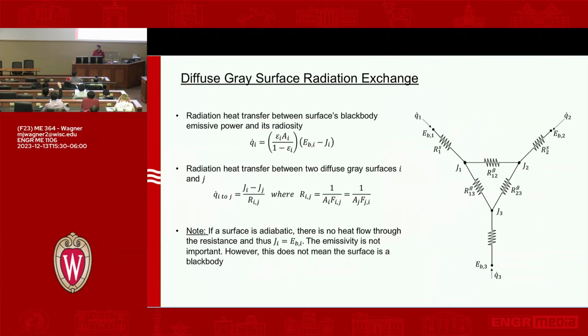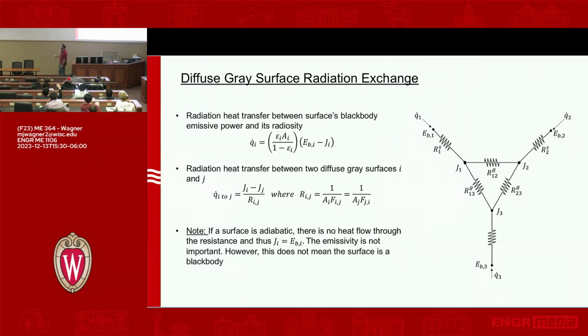Okay? And then if we want to write this out as a full radiation network, now we have this radiation exchange problem. This is again for 3 surfaces. The radiation exchange between surfaces' black body emissive power and its radiosity is related by that resistance. It's the same formula as we had in the last slide.